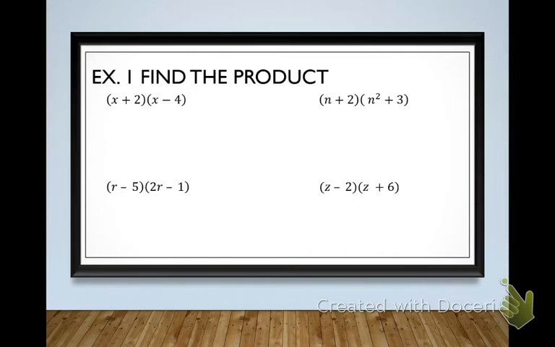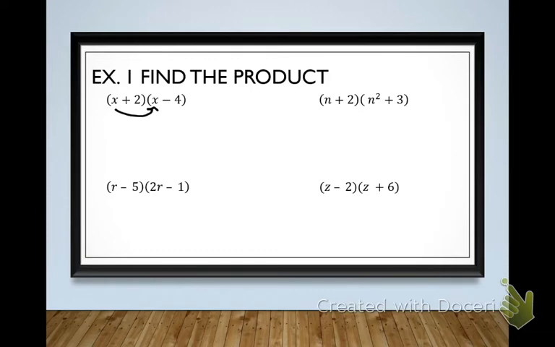All right, so the FOIL method, again, starts with the first term in the expression. So we do x times x. And remember, guys, when I do x times x, that means I need to add the exponents. So what is x times x?